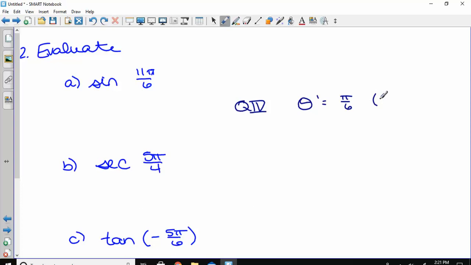Pi over 6 is like what in degrees? Pi over 6 is the same as 30 degrees. In quadrant 4, is sine positive or negative? Negative.